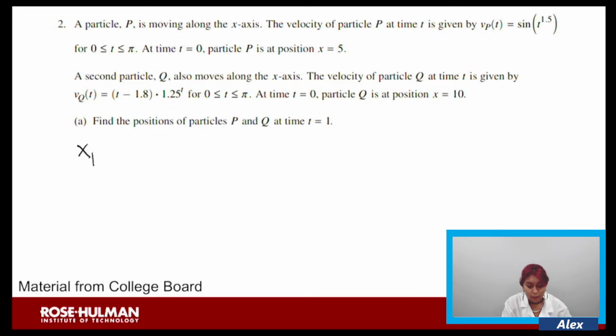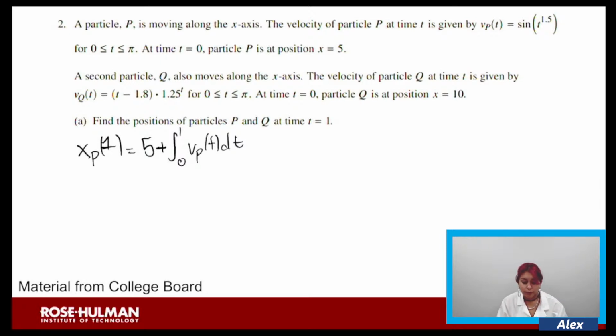So for x of p, we could set up our integral as 5 plus the integral, because our initial position is 5, so you have kind of a head start where it starts at the 5 position and then it travels for a certain amount of time. And so we would take our integral from 0 to 1 because we want to find where it is at 1.